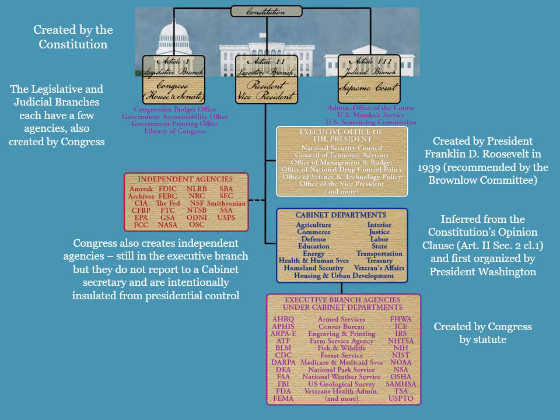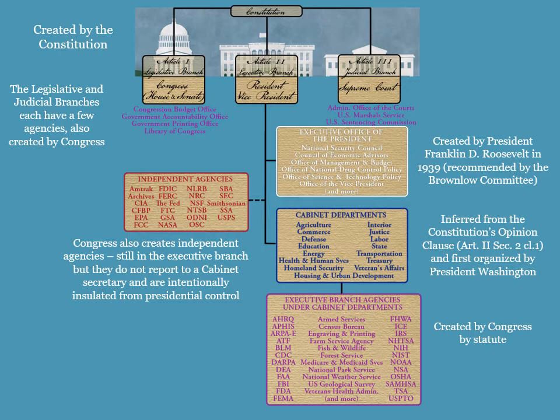Congress also creates independent agencies like NASA, the CIA, and the Environmental Protection Agency. These agencies are still located within the executive branch. They are independent in that they don't report up to a cabinet secretary or to the executive office of the president.